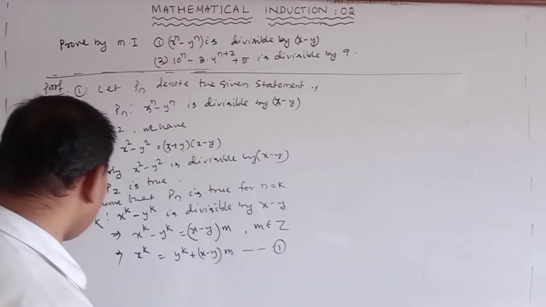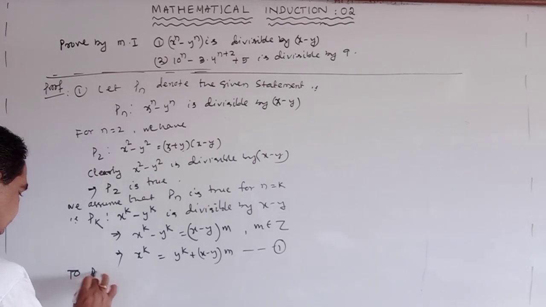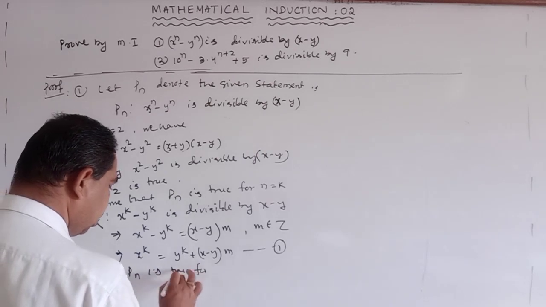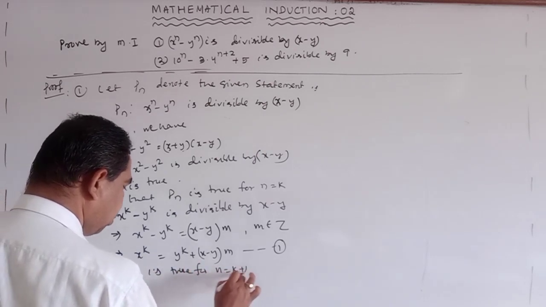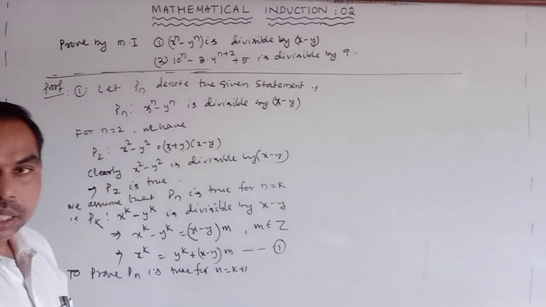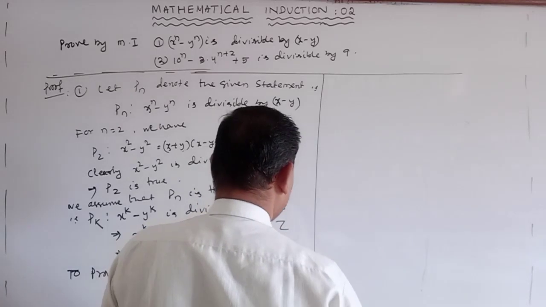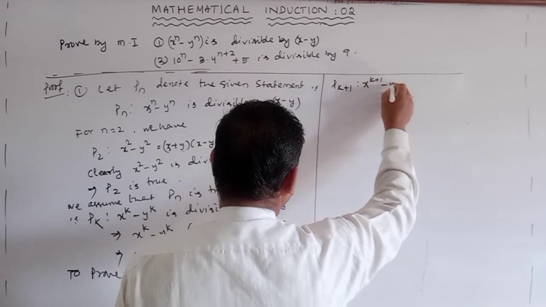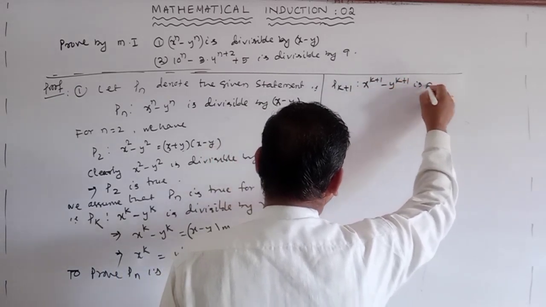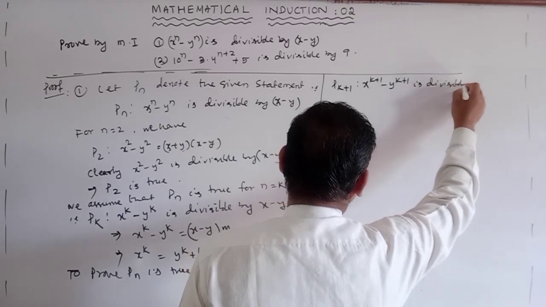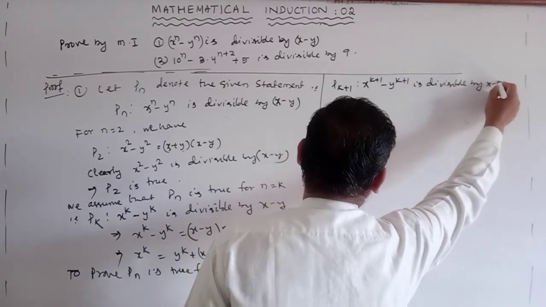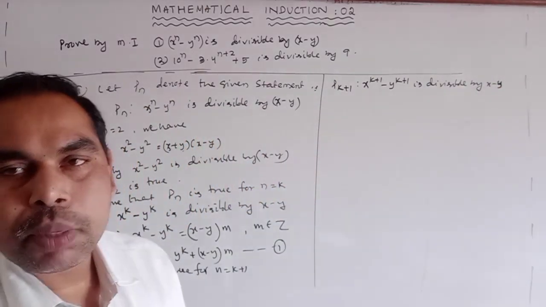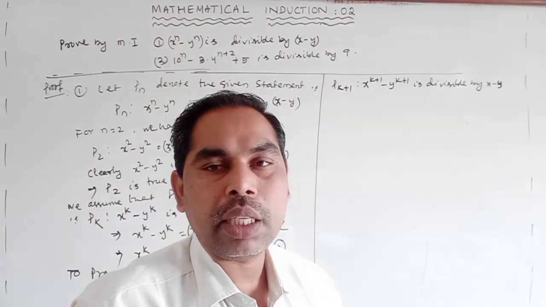To prove Pn is true for n equal to k plus 1, that is Pk plus 1, such that x to power k plus 1 minus y to power k plus 1 is divisible by x minus y, means we need to show that x to power k plus 1 minus y to power k plus 1 is divisible by x minus y.